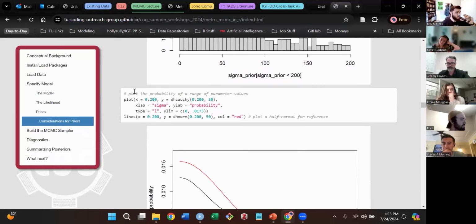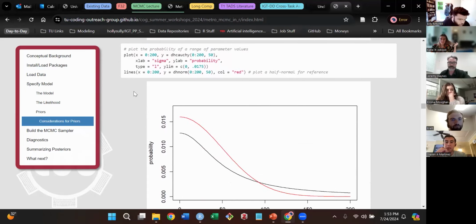This again is just another way of showing this half Cauchy distribution. This is a little bit nicer. You also see I put a half normal, which is also a very plausible distribution to use for standard deviations. I just used the Cauchy because you'll see that in the literature.